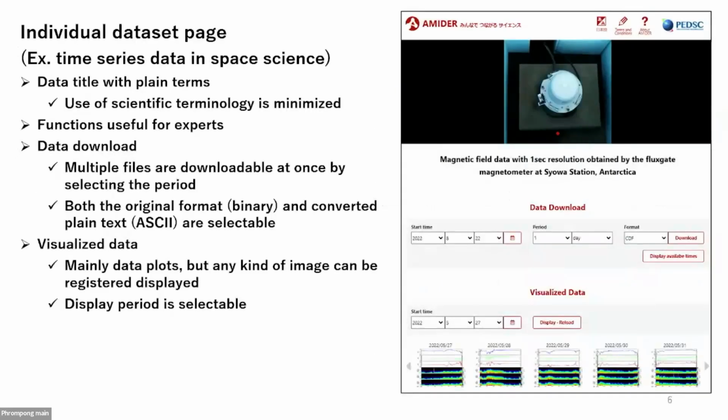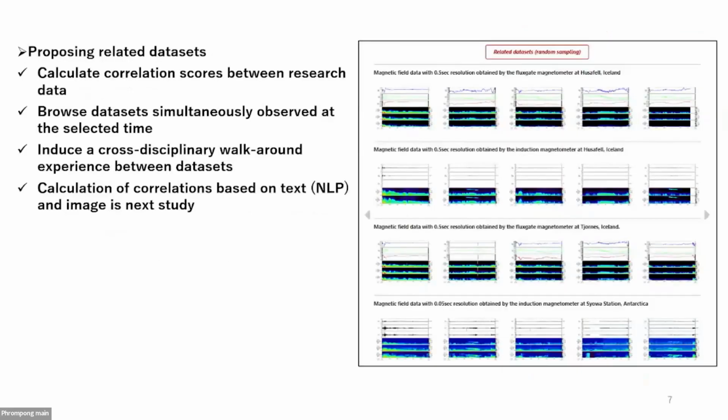So for the time we select, we can display which data is available at that time. We hope it will induce a cross-disciplinary walk-around experience with datasets. And the calculation of correlations: now it's only by the correlation scores between the numerical data, but we are developing correlation calculation based on text and image processing.